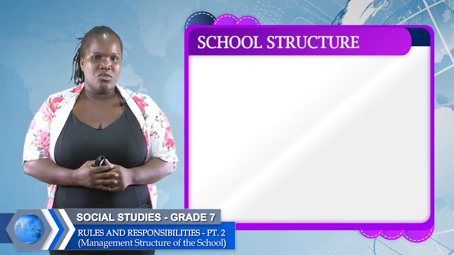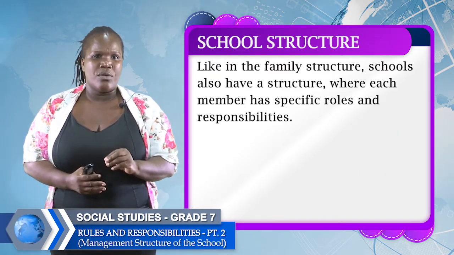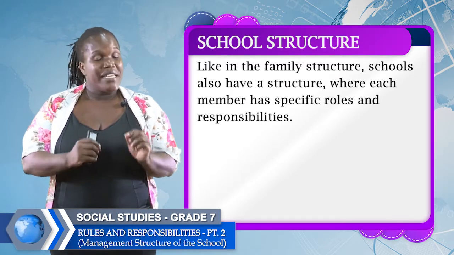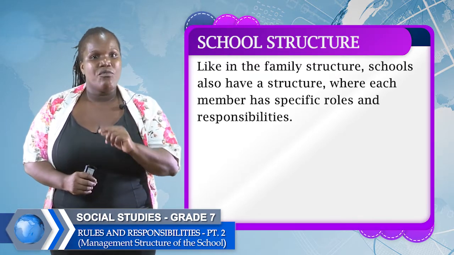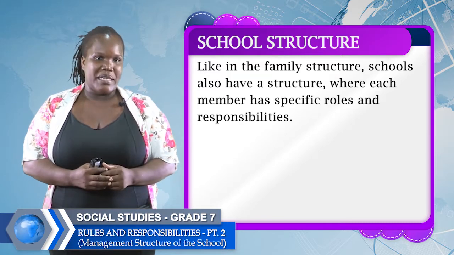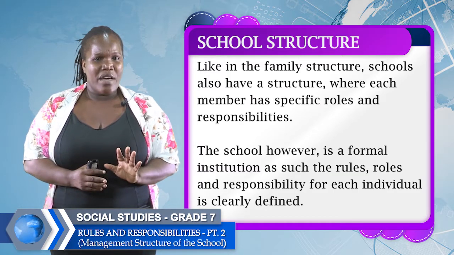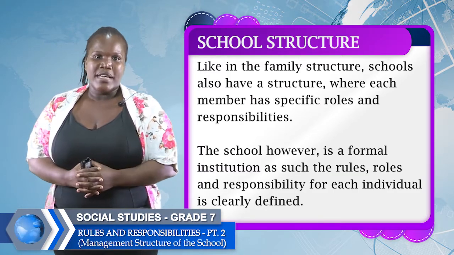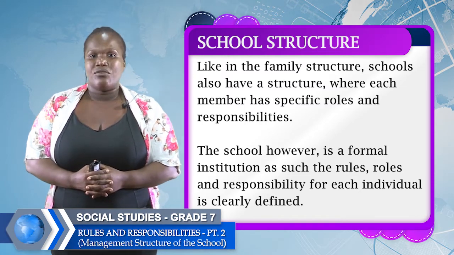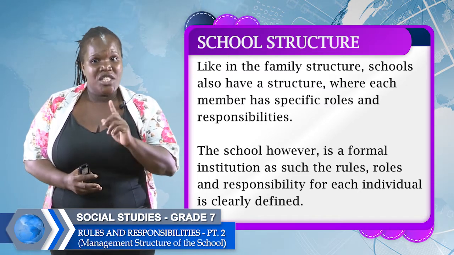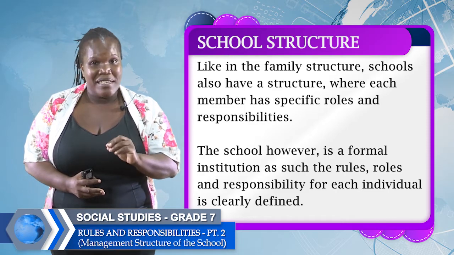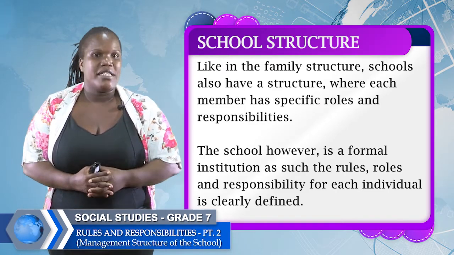Like in the family structure, schools also have a structure where each member has a specific role and responsibility. The school, however, is a formal institution, and as such, rules, roles, and responsibility for each individual must be and is clearly defined.